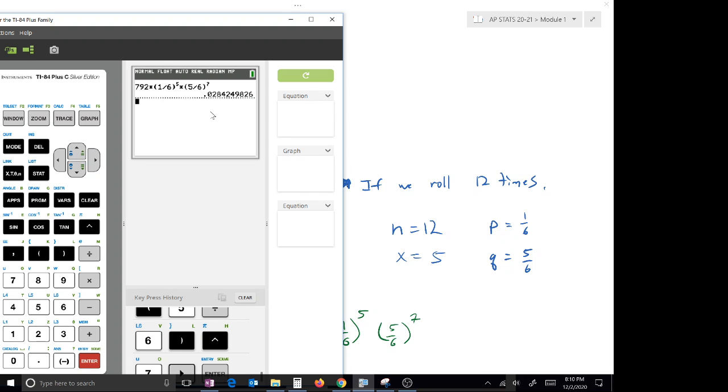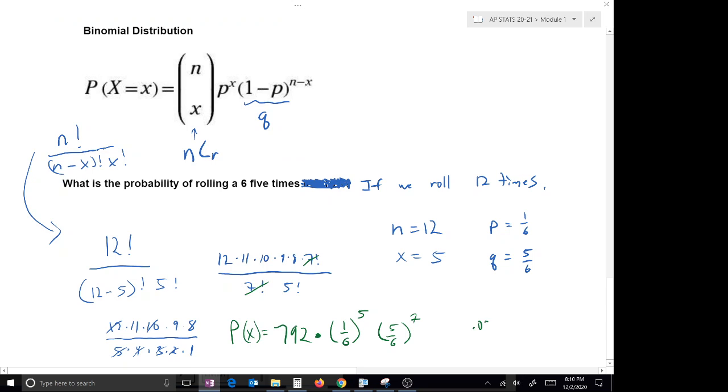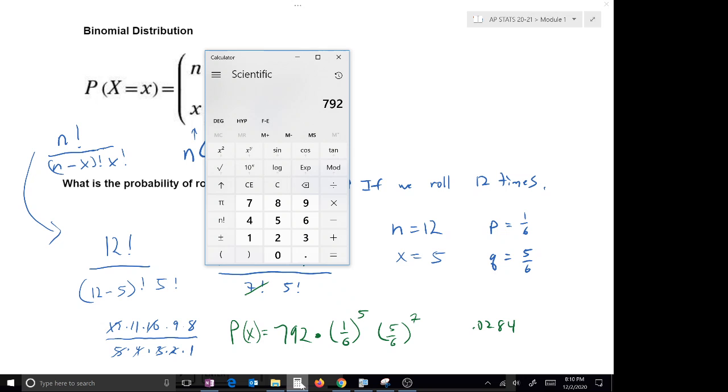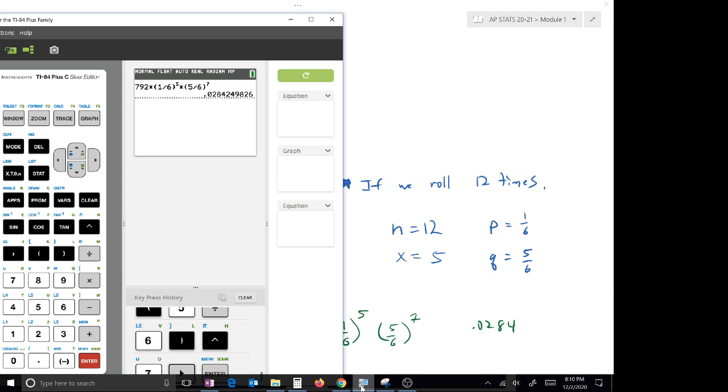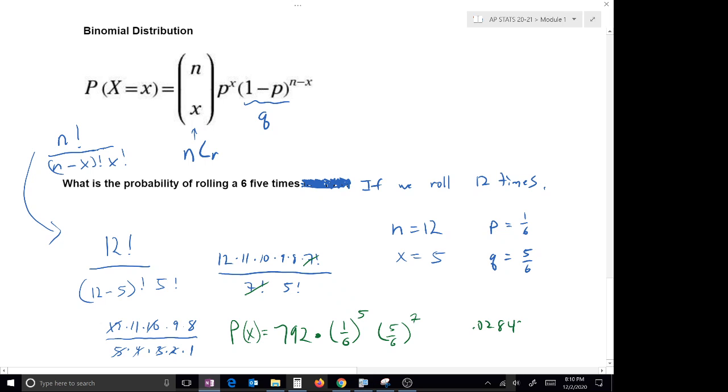And that comes out to a probability of 0.0284. I would go at least 4 decimal places. So 0.0284. Oops, calculator. 0.02842. Okay, so we're roughly 2.8% chance that would happen.